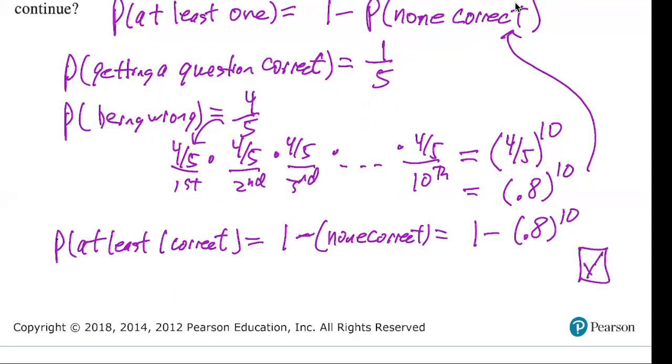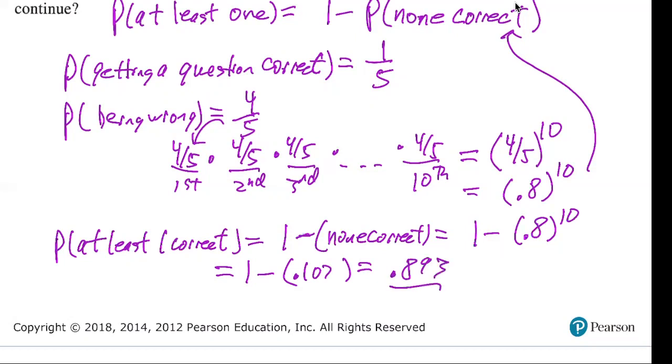You may need the y to the x button on your calculator. Raise 0.8 to the 10th power. This, so we are now at equals 1 subtract. I'll do that. This is 0.107. Subtract it from 1. 0.893.